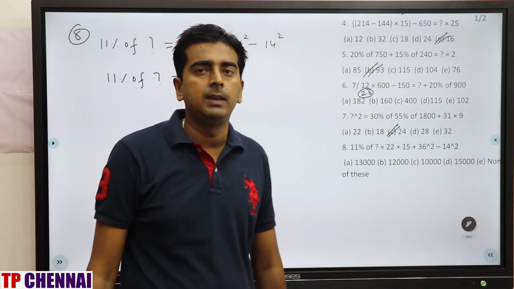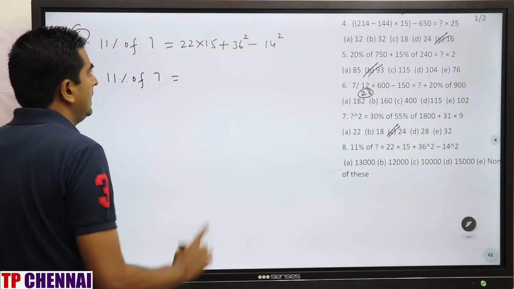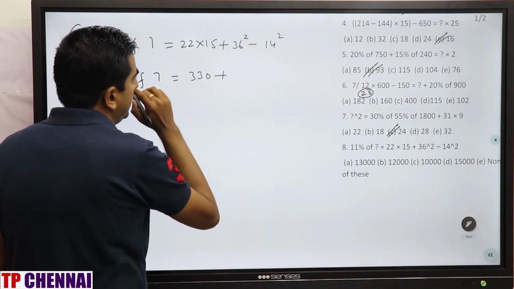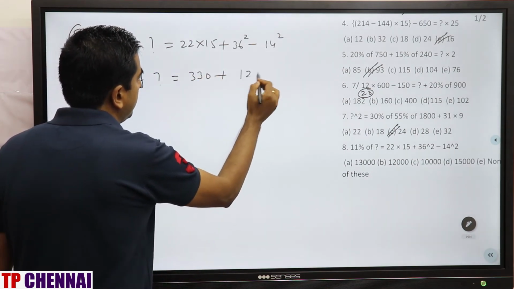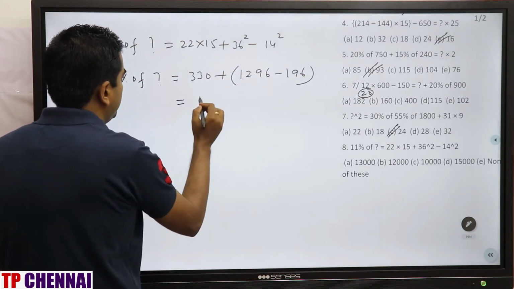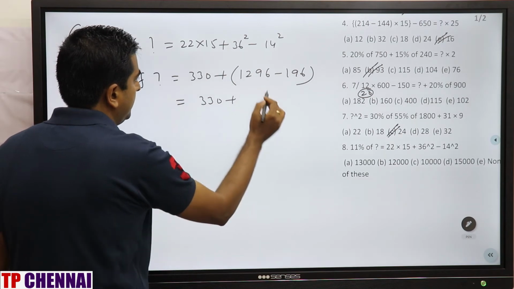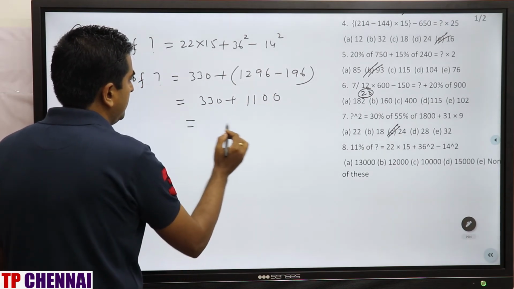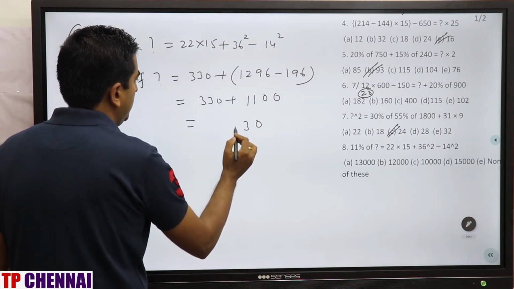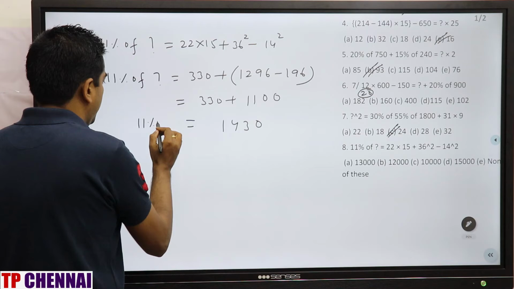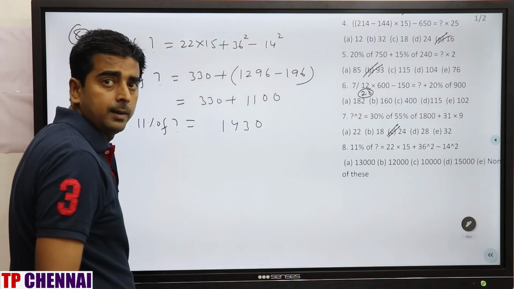Double the odd number, half the even number. 22 half is 11, 15 double is 30. So 330. Plus, this is 1296 minus 196. So this is 330 plus 1100. So this is how much? 1430. So 11% of question mark is this one.